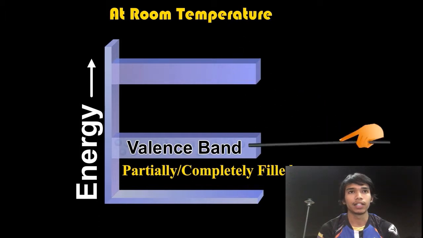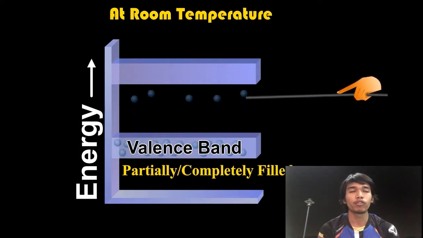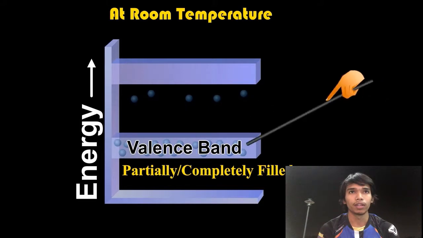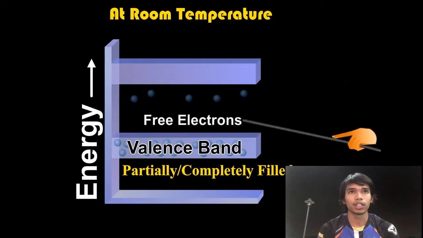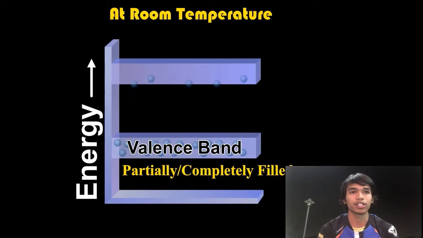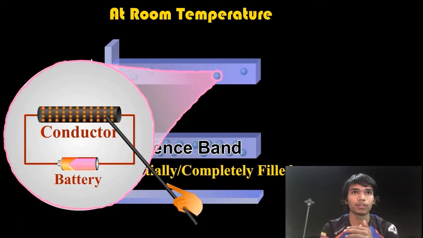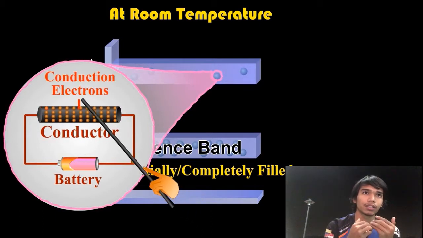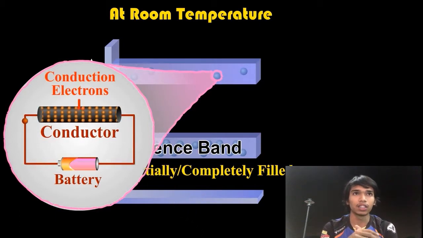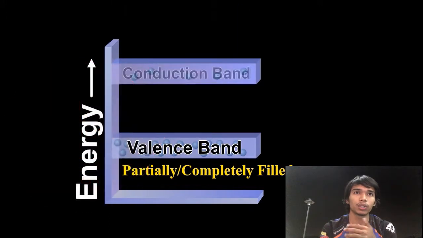So electrons can move freely from the valence band to the higher band to have some function. The electrons in this band we call free electrons. The free electrons function to conduct electricity in the conductor, so we call it a conduction of electrons.